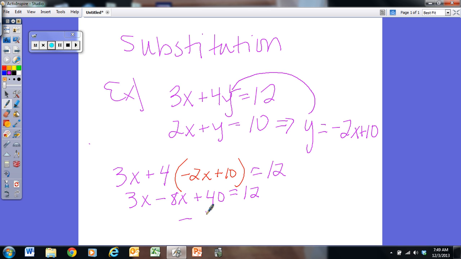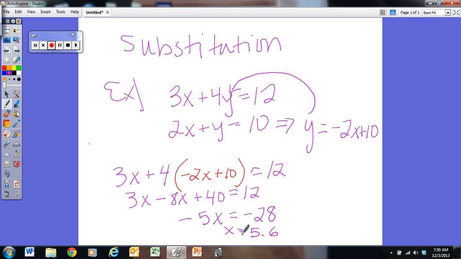Combine like terms. 40 minus 12 is 28. Divide by 5. So x equals 5.6. Now you can see how on a graph that would be kind of nasty, but that's the exact answer.